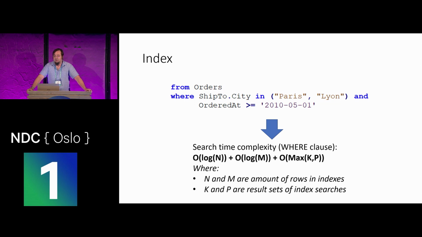Yeah, the complexity, even for such a trivial query, and in any database this will be a trivial query, is not so trivial, right? We search for one field and then search for another, then we need to intersect them. Essentially the intersection is a linear operation, so it's about the size of the query.